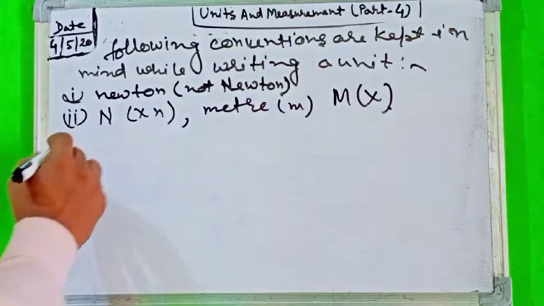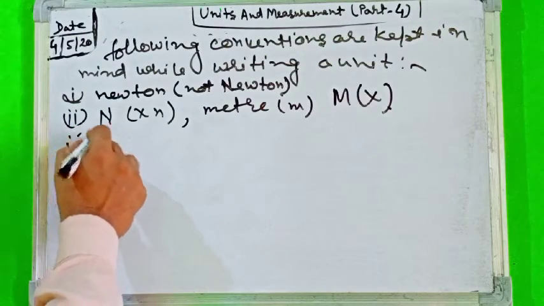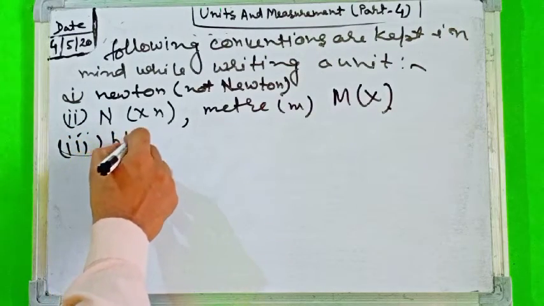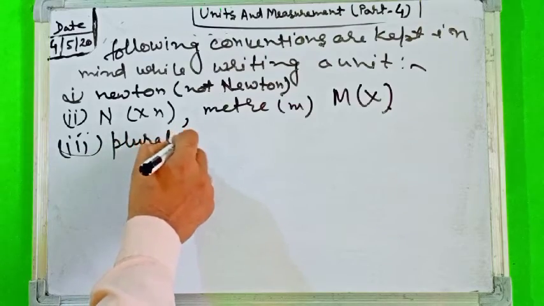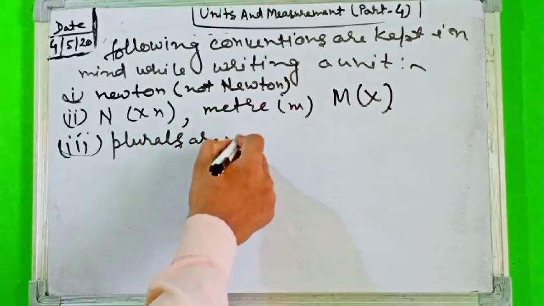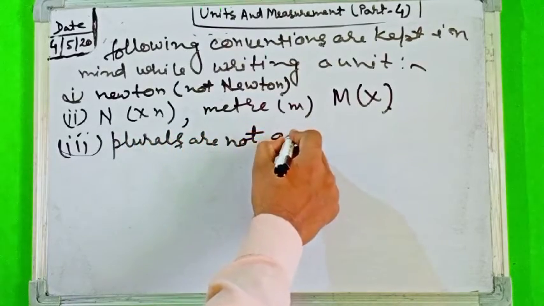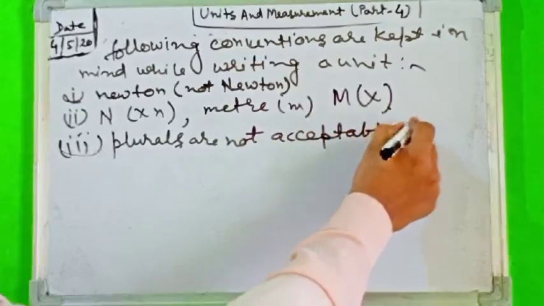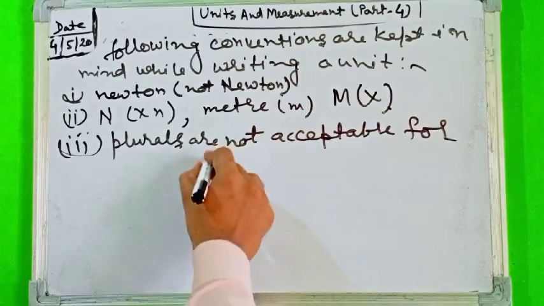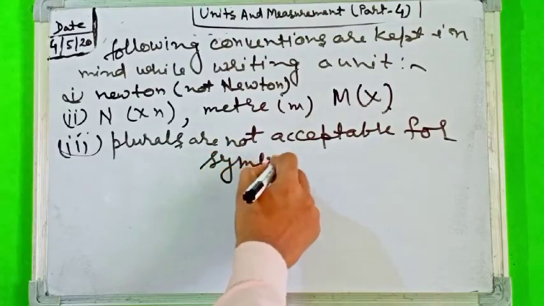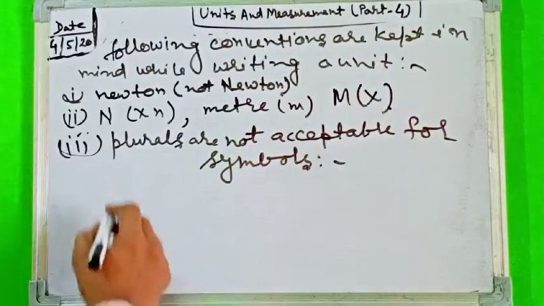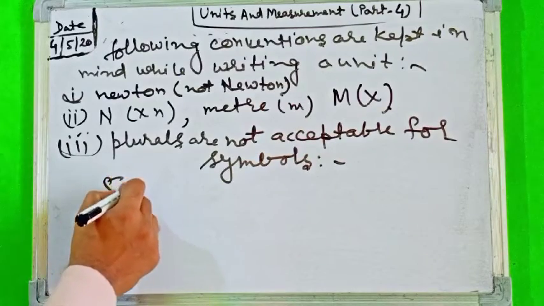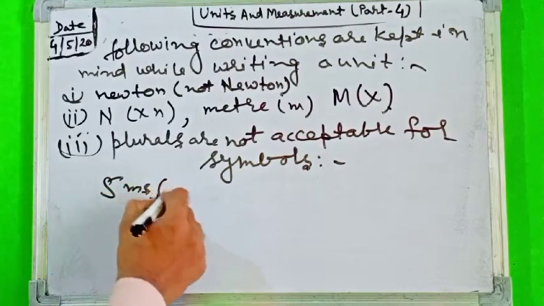Symbols cannot be written in plurals. Plurals are not acceptable for symbols. You can't write 5 ms. You can write it, but this is the wrong way.